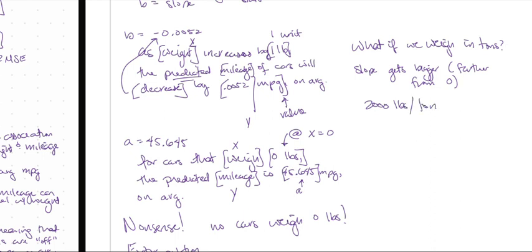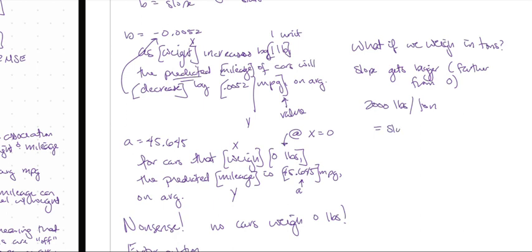And so instead of saying as weight increases by 1 unit, being 1 pound, we're really saying what happens as weight increases by 2,000 pounds, which is our new unit. So instead of having this tiny little incremental change in y, we're going to have a huge change in y.